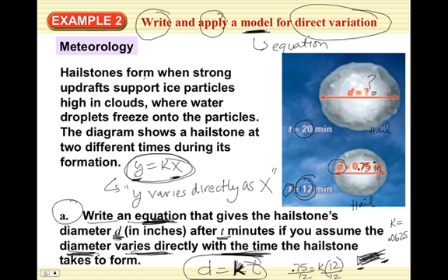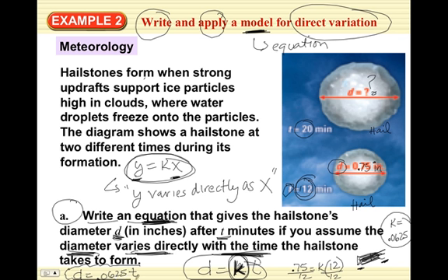Write an equation that gives the diameter after t minutes. All you need to do is substitute in what K really is. So K, you just said, is 0.0625. Plug it in. So final: D equals K, which is 0.0625, times time.